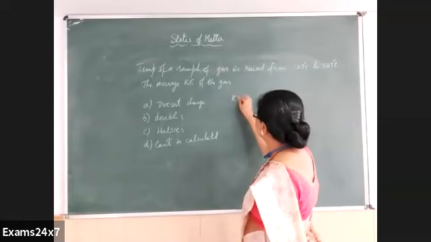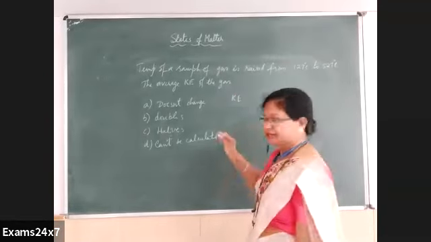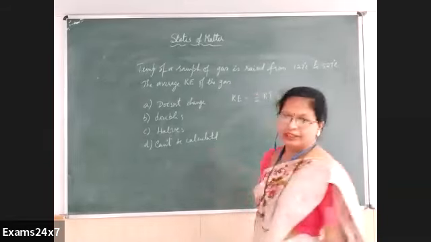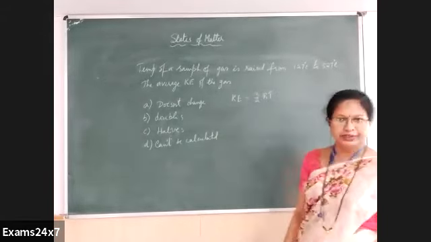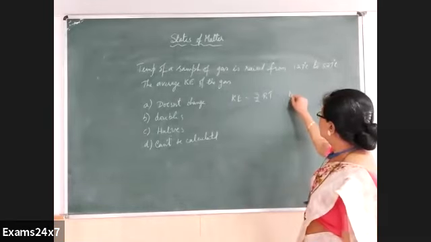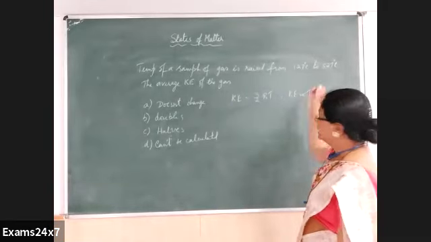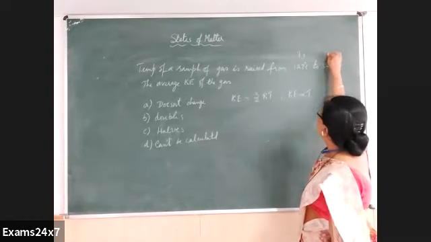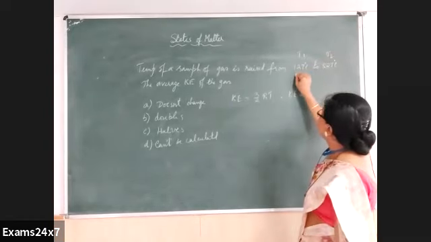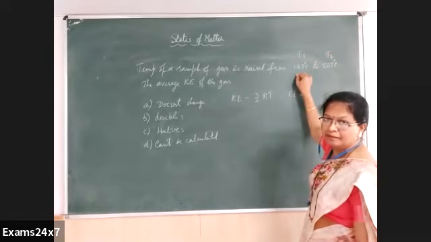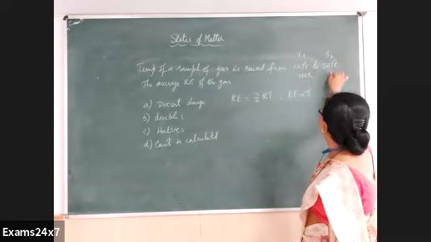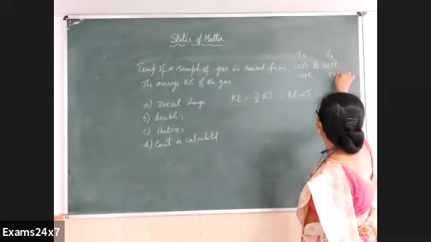Doubles, ma'am. What is the kinetic energy formula? 3 by 2 kBT. That means kinetic energy is proportional to temperature. If this is T1 and this is T2, T1 in Kelvin is 127 plus 273, that is 400, and this is 800 Kelvin.